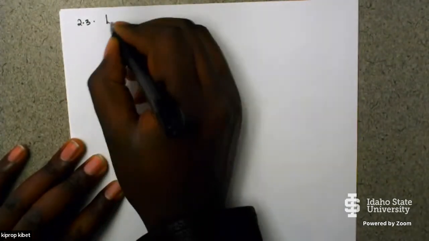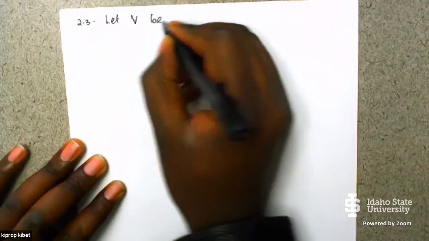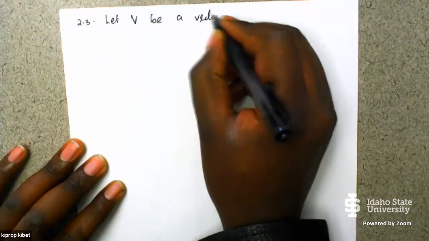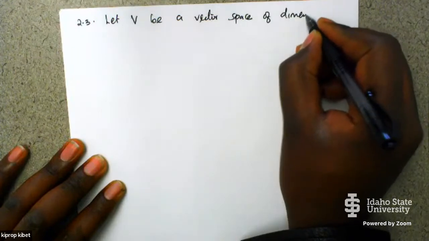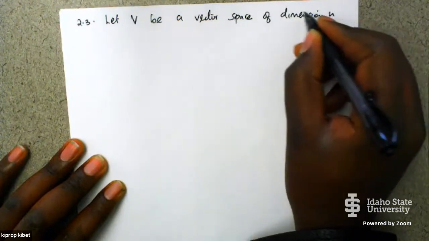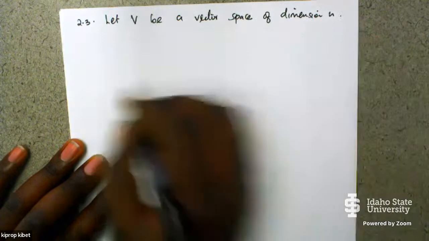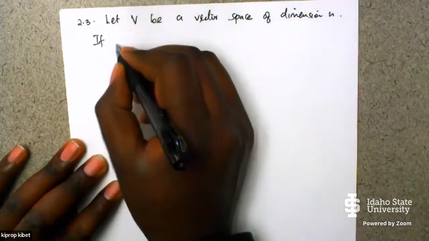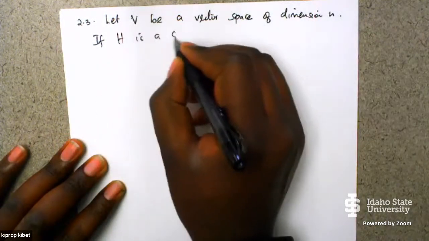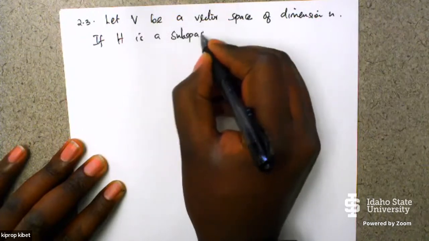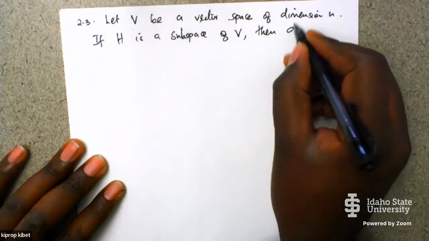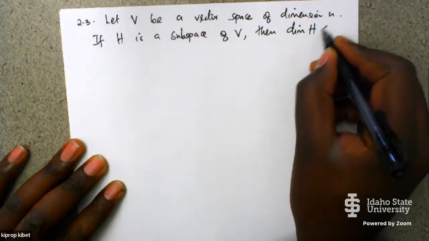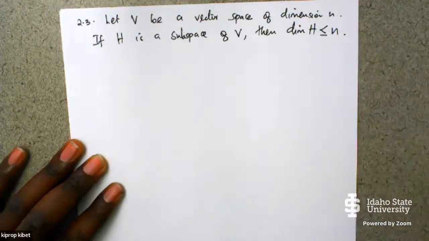If we let V be a vector space of dimension n, now, if H is a subspace of V, then dimension of H is less or equals to n.